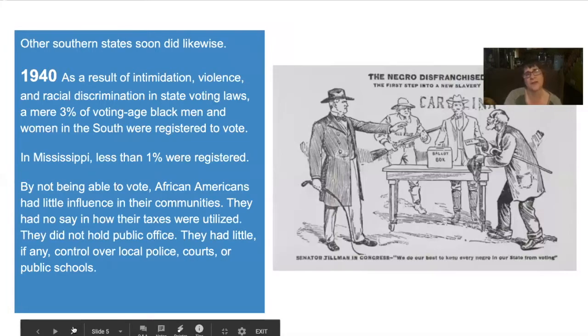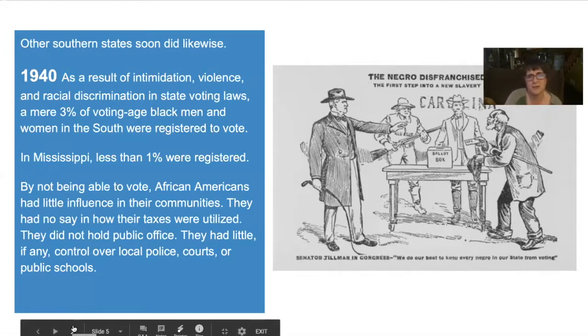Other southern states soon did likewise. So by 1940, due to this intimidation, violence, and racial discrimination in state voting laws, only 3% of voting age black men and women in the South were registered to vote. 3%. In Mississippi, again, we're going to talk about Mississippi a lot, less than 1% were registered.